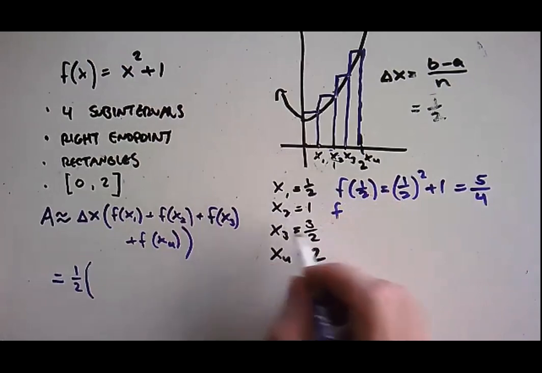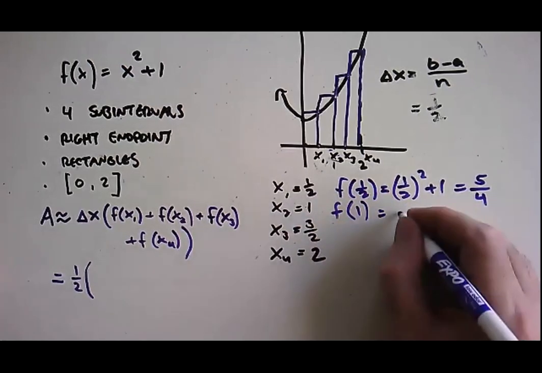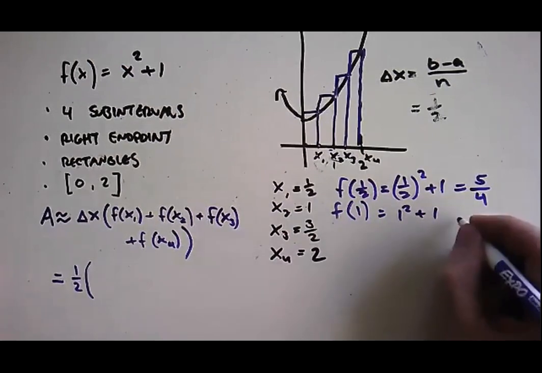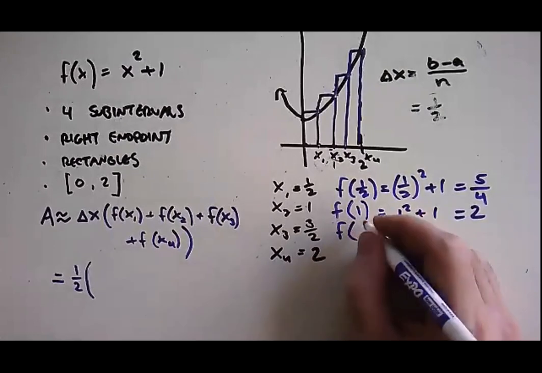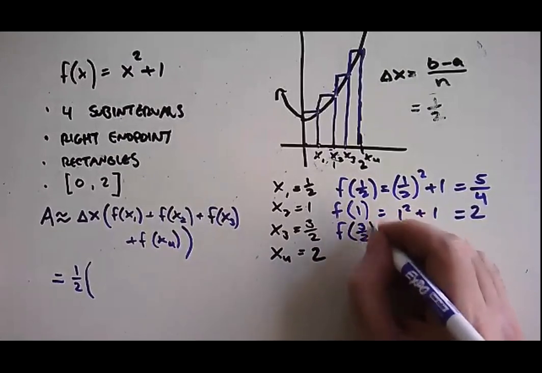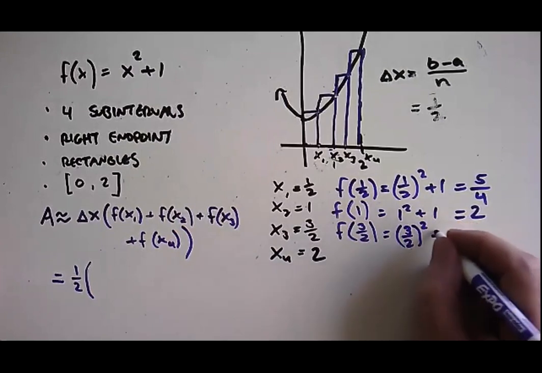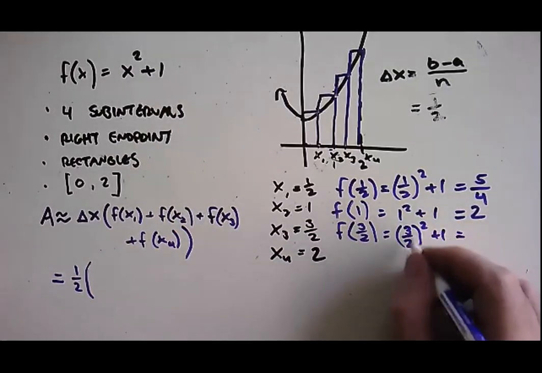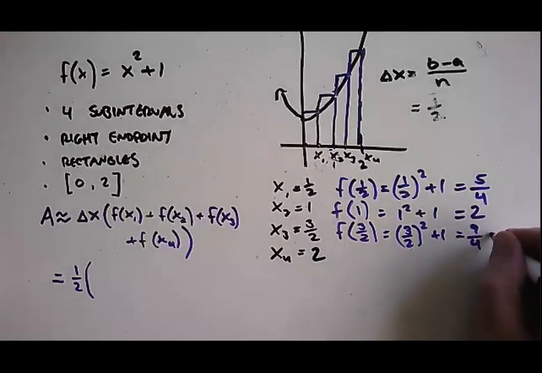All right, what's f of x2? That's f of 1, so 1 squared plus 1 is 2. What's f of x3? That's f of 3/2, so 3/2 squared plus 1. 3/2 squared is 9/4, plus 1, which is 4/4, gives us 13 over 4.